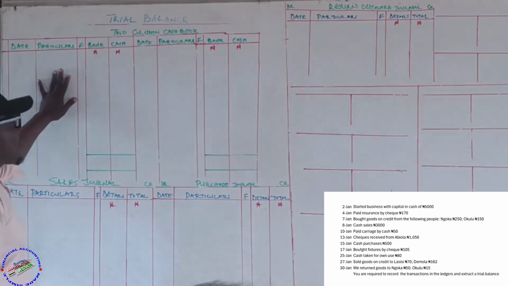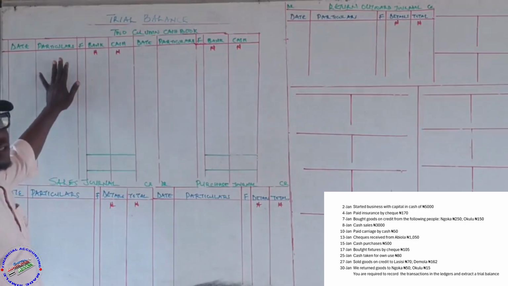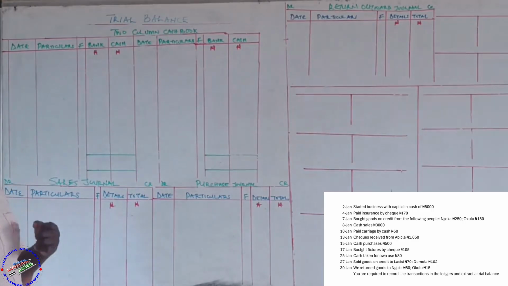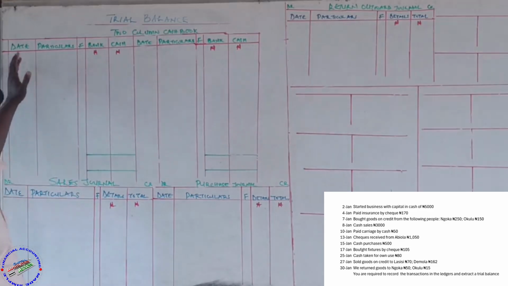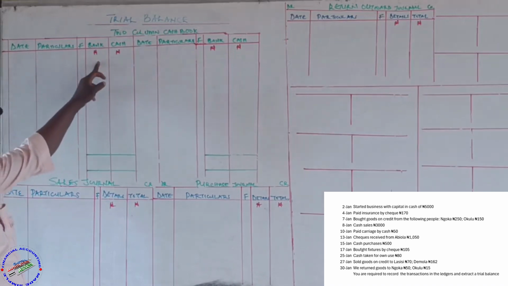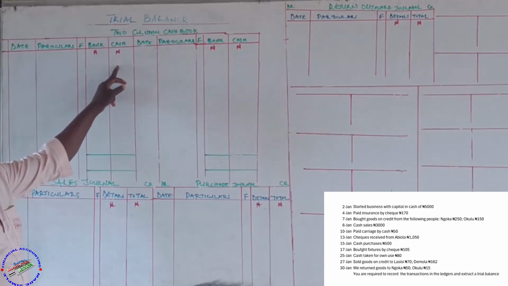The first subsidiary book we have here is the cash book, which is a two-column cash book. The cash book is the summary of the receipts and payments. On the debit side of the cash book, we have the date of the transaction, the particulars, the folio, the bank, and the cash, because the question we are given involves both cash and check.